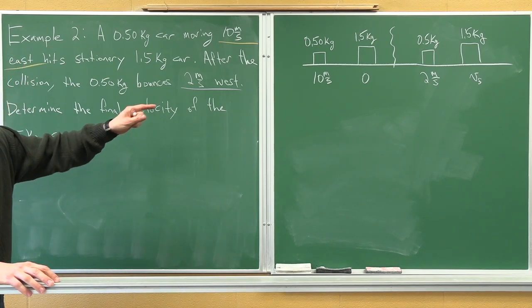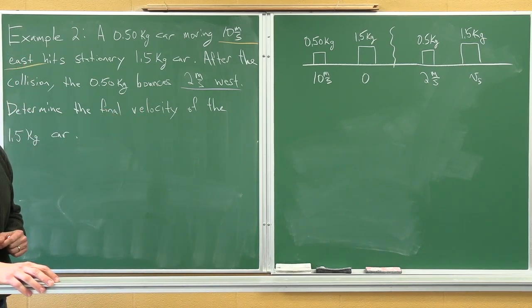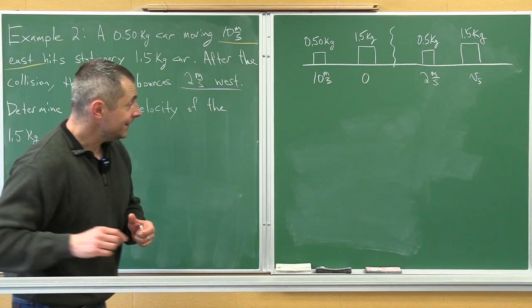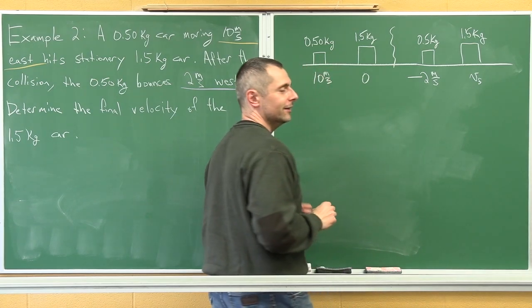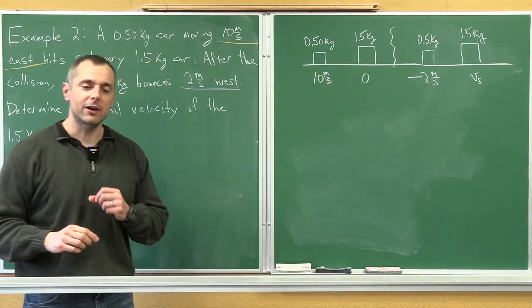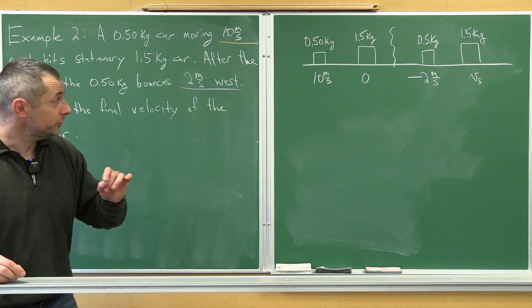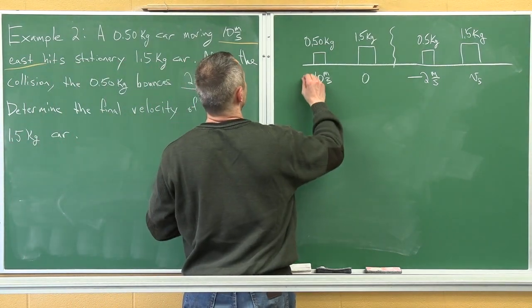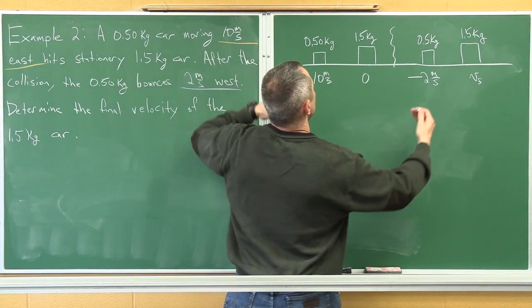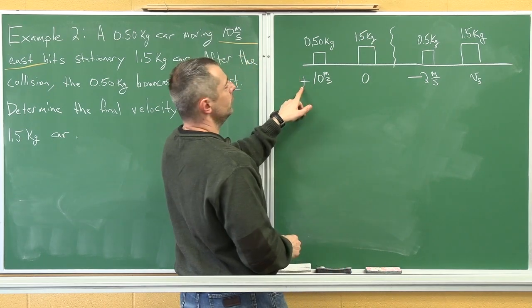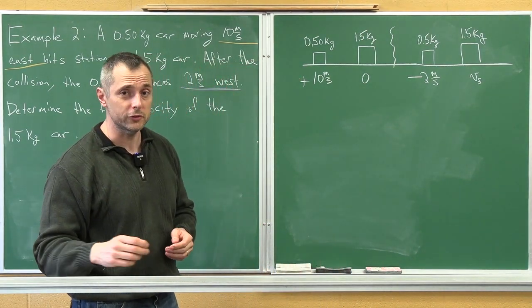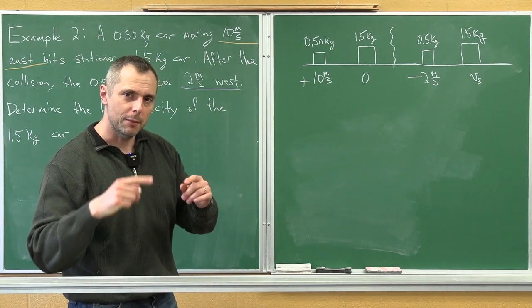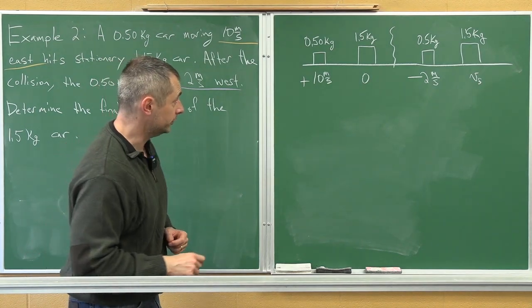Do you see a mistake I made over there? Hopefully, you realized a minus sign belonged here. All of this stuff, vectors. Direction matters. If this is going to be positive 10 to the east, you better call this negative 10. I don't care if you call this negative and that positive, the other way around. It doesn't matter as long as they're opposite signs. They have to be opposites because they're going in opposite directions.